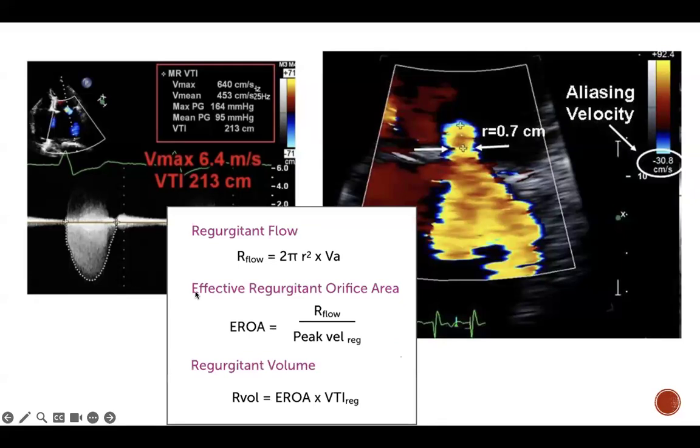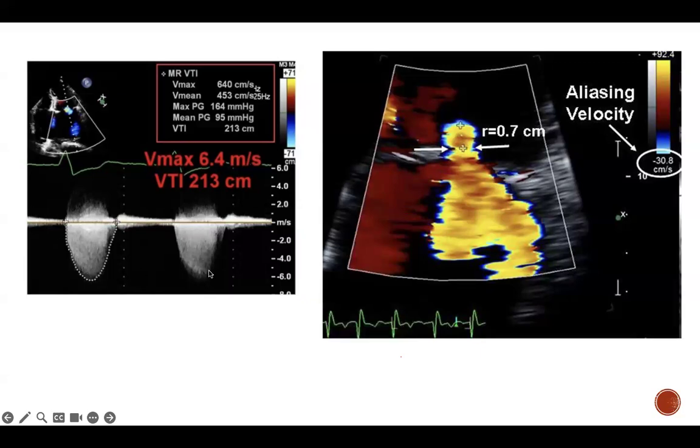Accordingly, when you do this calculation, you add the numbers here, R2 and velocity, and then when you come to area 2, you have the V max from the CW continuous wave of the mitral regurgitation. You have the maximum velocity 6.4. So we have an A1 area, we have V1 equal to V2.